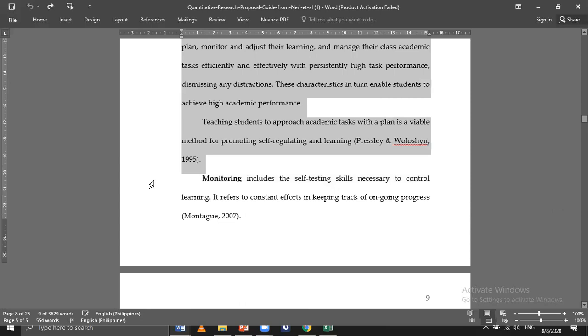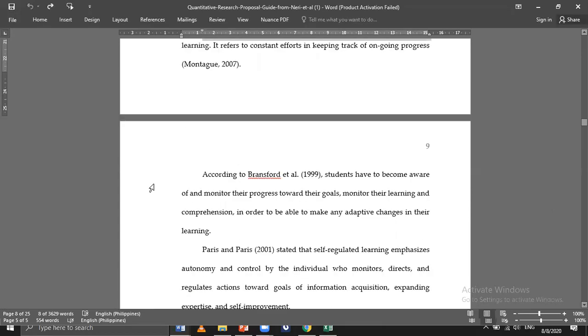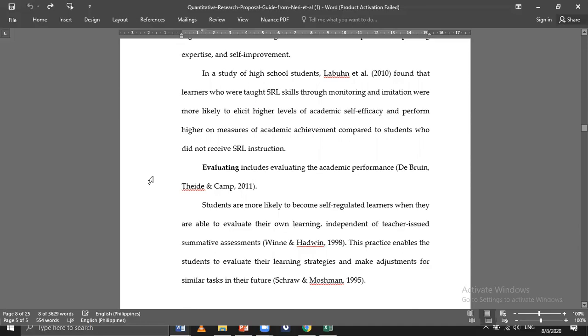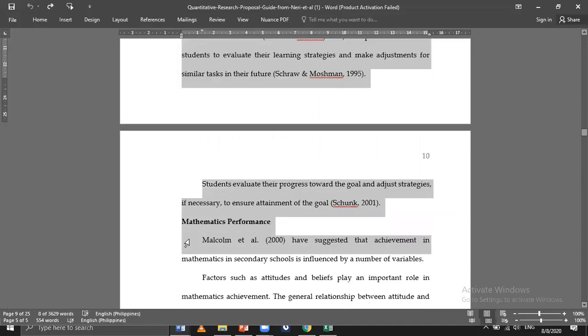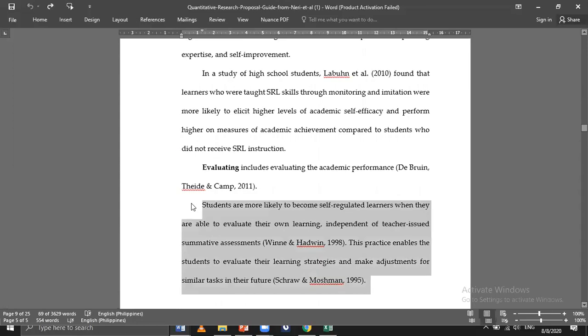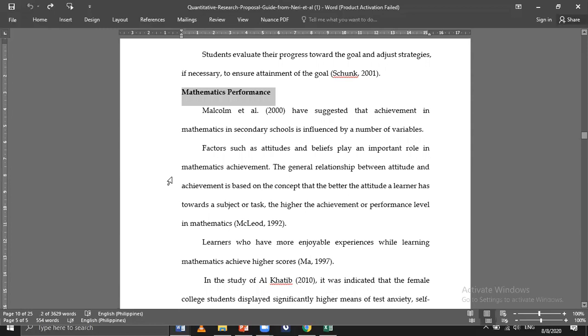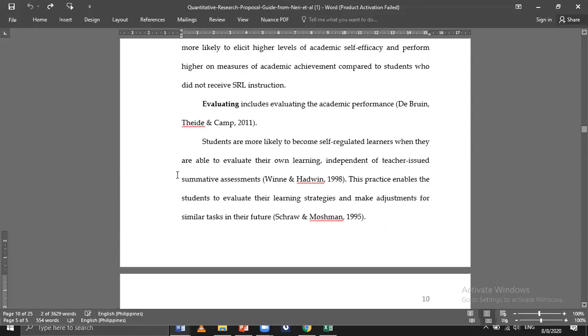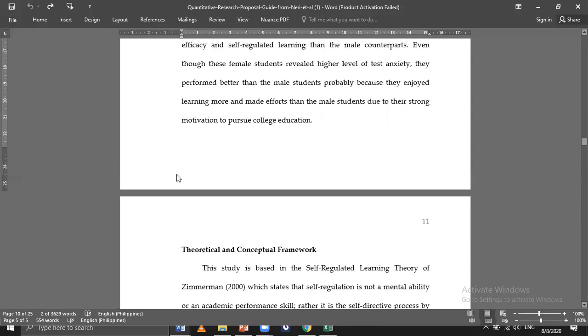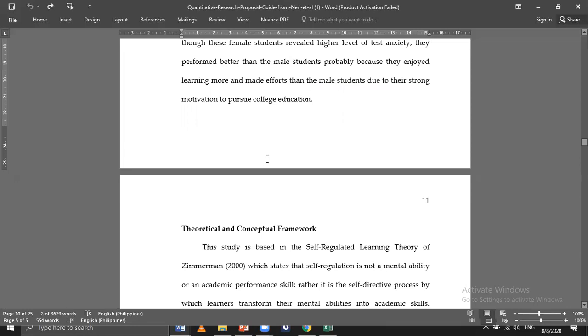We also have monitoring, with RRLs related to monitoring, but remember, they must also be related to your topic. And here, evaluating, with RRLs related to evaluating, and also mathematics performance, which is actually mathematics grade. She didn't include it, but you can include statistics related to mathematics grades and performance. Okay, so those were part of chapter 1.